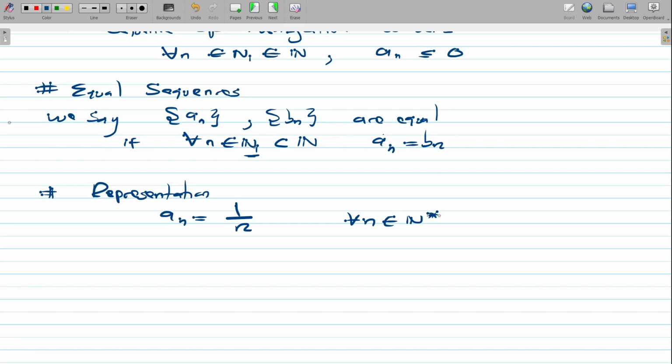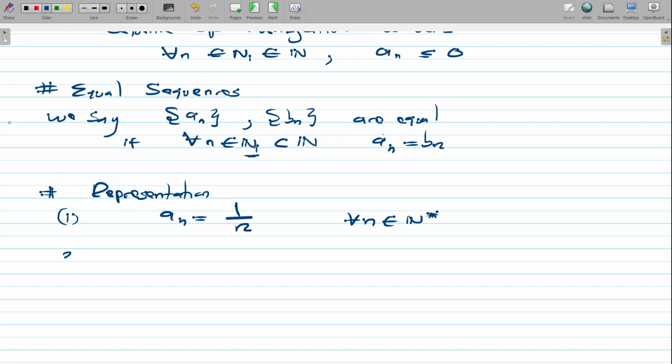We have to exclude 0 because we are performing a division here, and division by 0 is criminal. So every term of our sequence is given by the general term 1 divided by n. This is what is known as the explicit definition of a sequence, where you are given the general term.